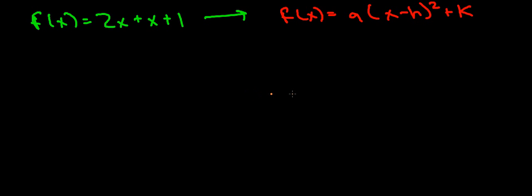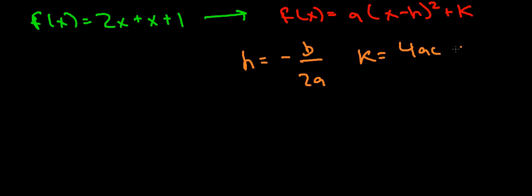And I'm going to show where this formula comes from, but let's solve the problem first, and then we'll see where this comes from. So we get this formula. h is equal to minus b over 2a, and we have k is equal to 4ac minus b squared over 4a.